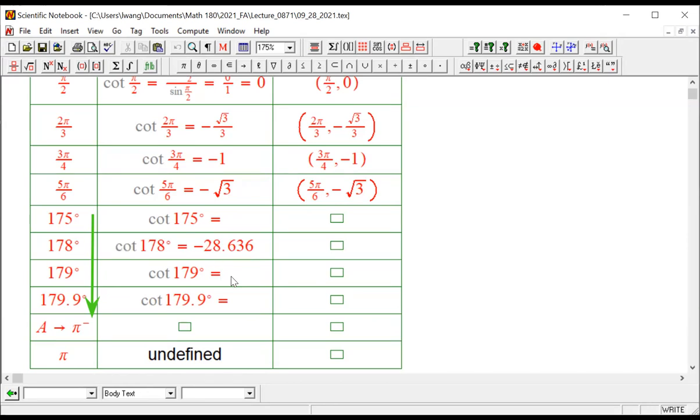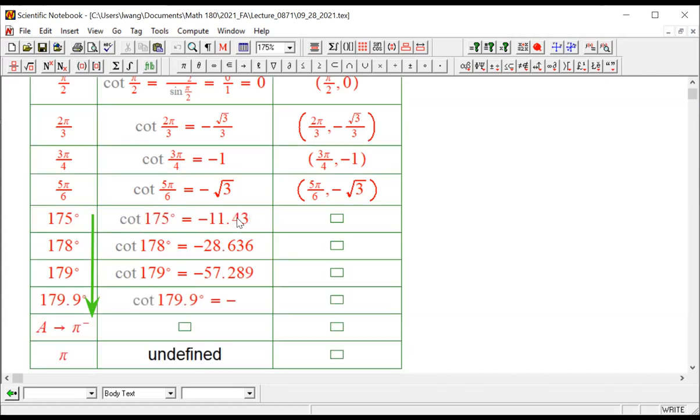Keep going. We haven't talked about plotting the points yet. And cotangent of 179 is negative 57.289. Cotangent of 179.9 degrees... Cotangent of 175 is negative 11.43.